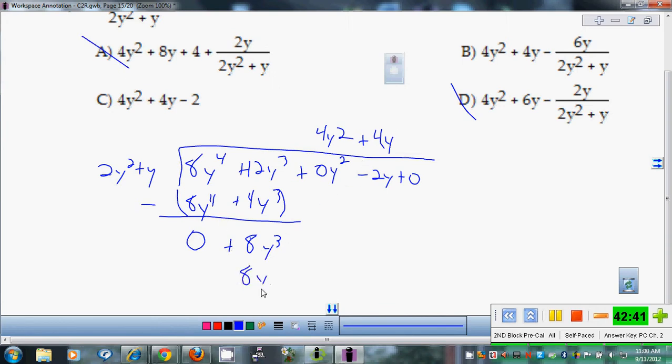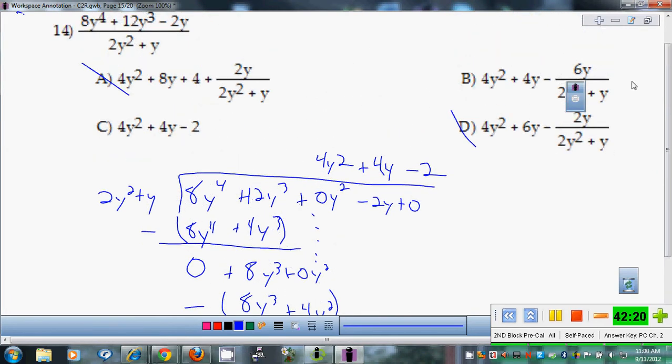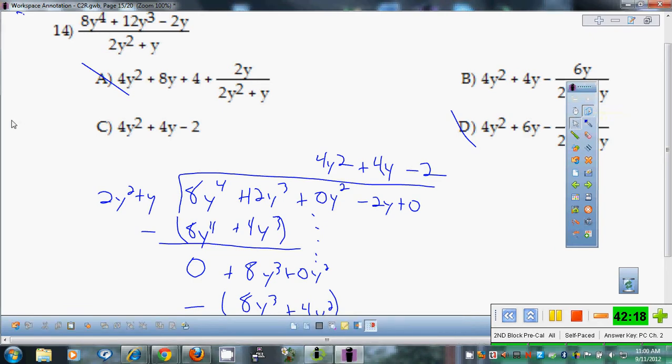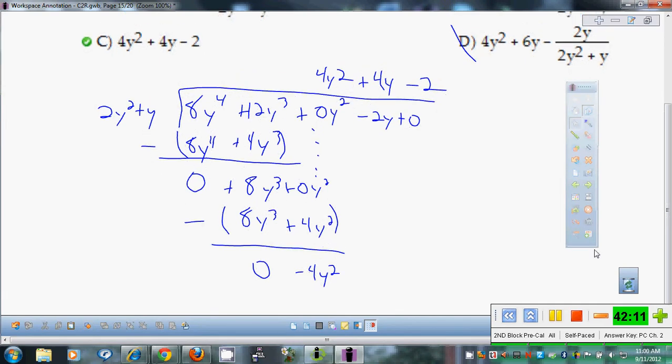That's 8y cubed plus 4y squared. Subtract. That's negative 4y squared. Negative 4y squared divided by 2y squared is negative 2. Does that help us know what our answer is? Yes. C is the only one with a negative 2. So your setup was very good. One little bitty error, but not too bad. C.